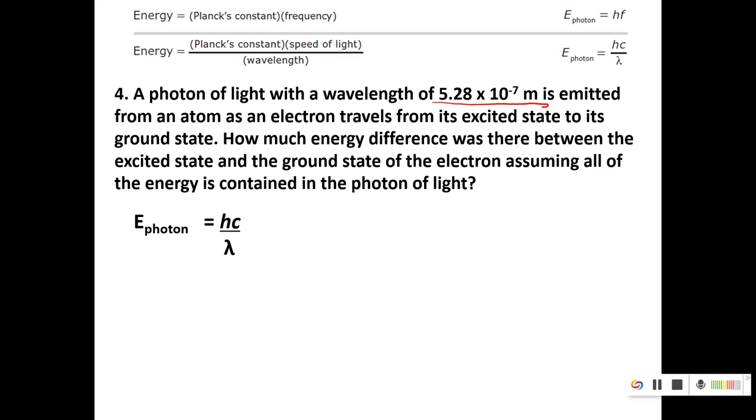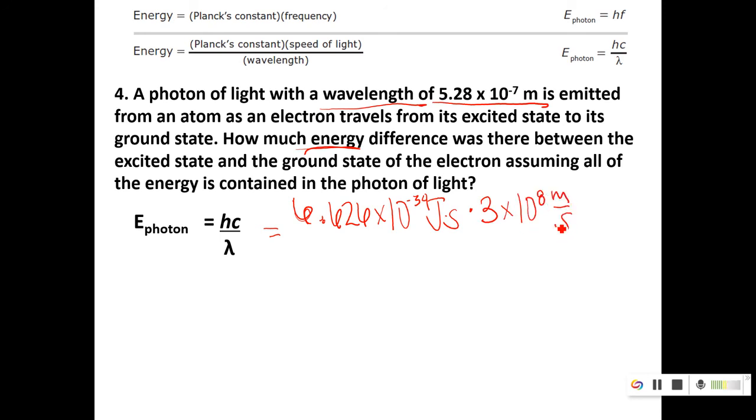This one, we're talking about meters. So we've got that wavelength. And here we want to know how much energy. So we've got to use this other equation. Planck's constant, always the same. It's a constant. Times 10 to the negative 34 joule seconds. c is also always a constant, 3 times 10 to the 8 meters per second.